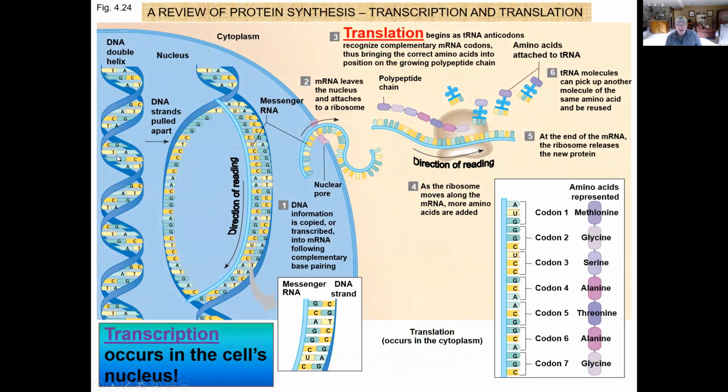Remember, everything starts at the DNA. The DNA is what provides the information for the ultimate production of the protein, because it's the sequence of the DNA bases that determines the sequence of the RNA bases, the messenger RNA bases, which in turn determines the sequence of the amino acids. So, very good summary slide.